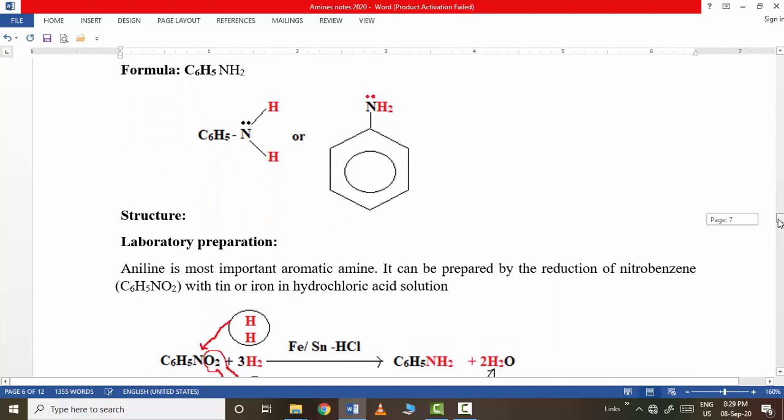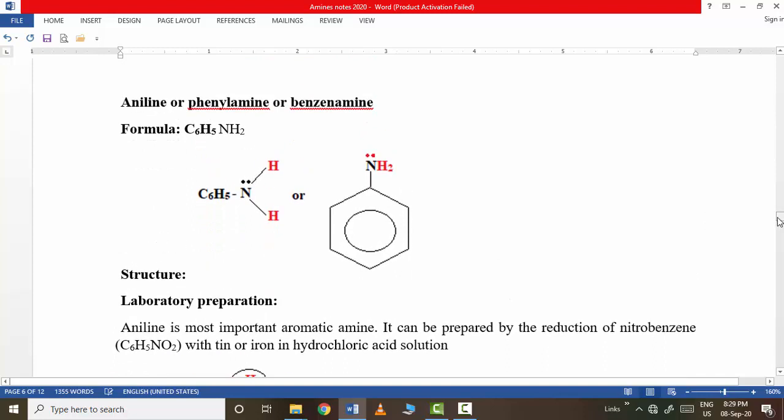The formula can be written as C6H5NH2, or you can write the structure with the nitrogen with the lone pair of electrons, or you can simply write C6H5, which indicates the aromatic ring. The smaller ring inside indicates the alternate double bonds present between the carbons, and then you have the lone pair of electrons.